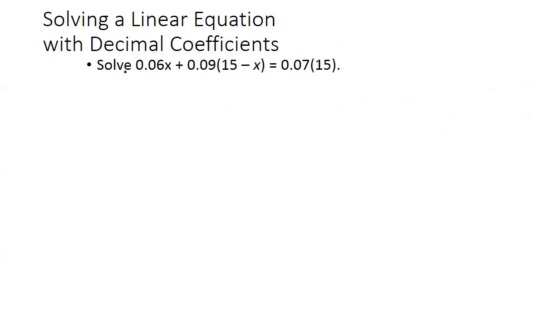Now, this is another example where you have an equation involving decimals. Again, let me ask those of you watching this later at home to pause the session and see if you can get the same answer.